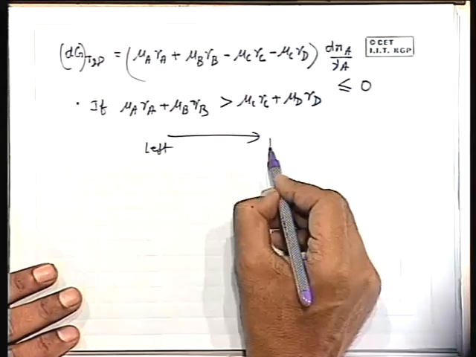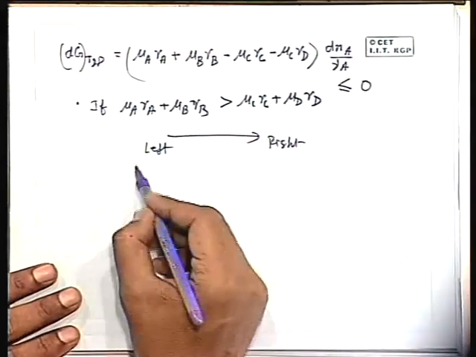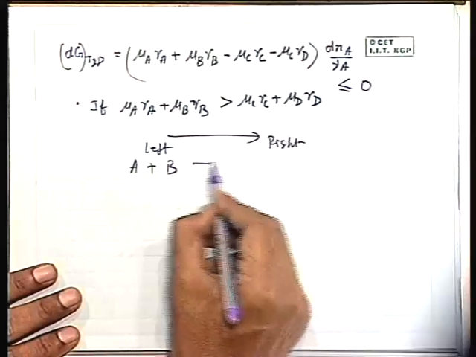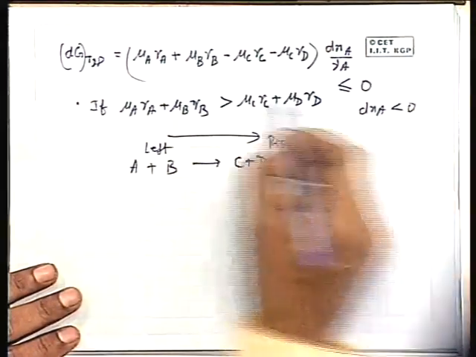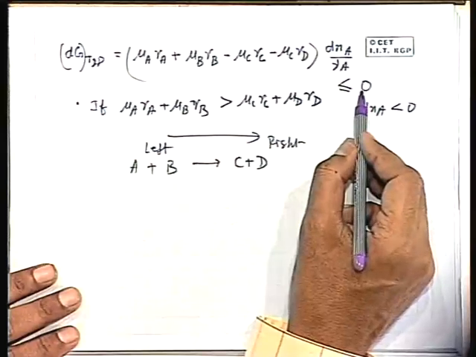That means A plus B goes to C plus D, because in that case dNA has to be less than 0 to make this less than 0. Is it clear?